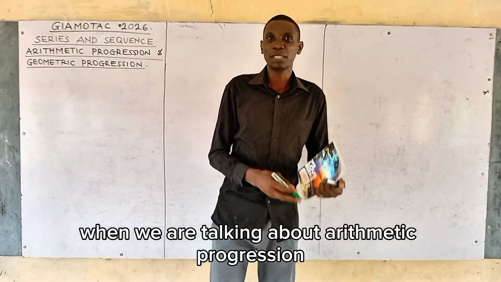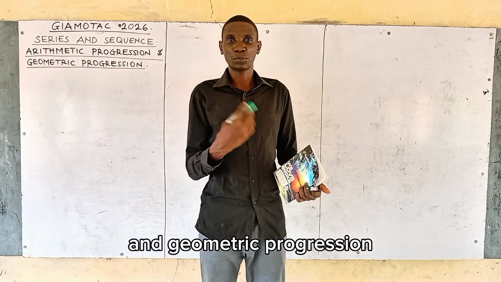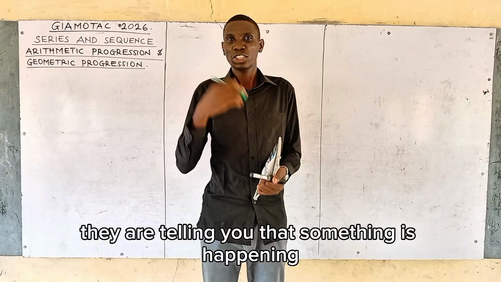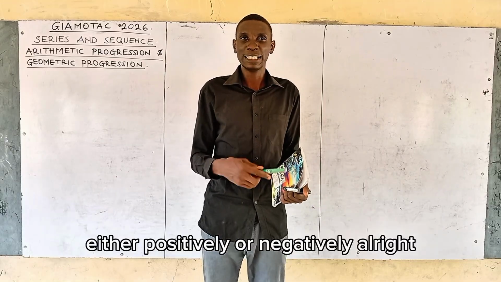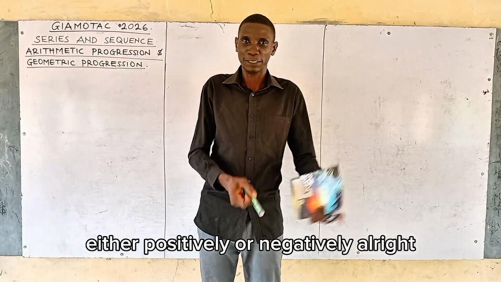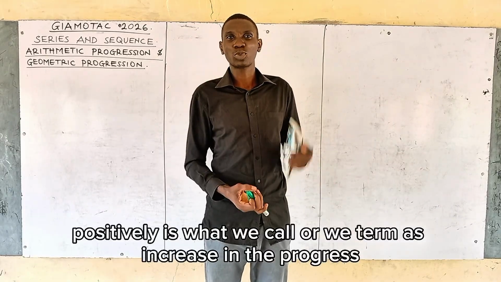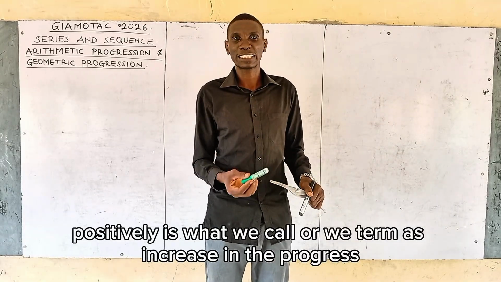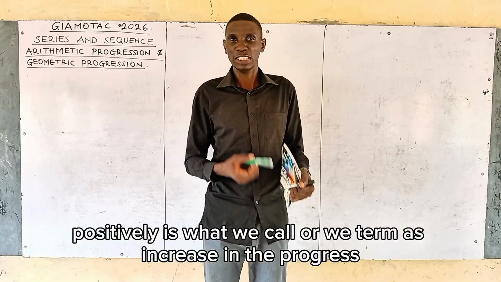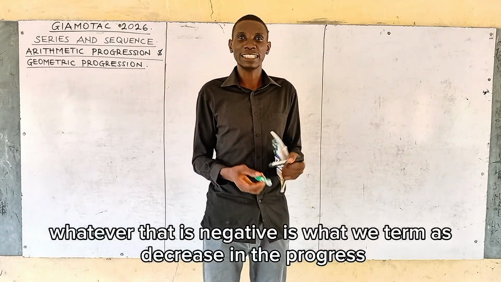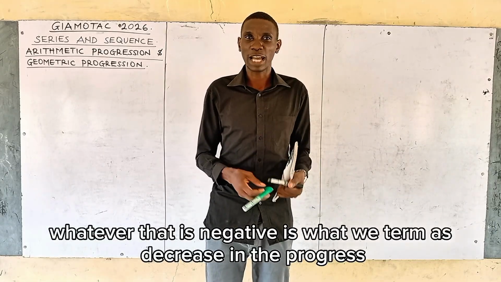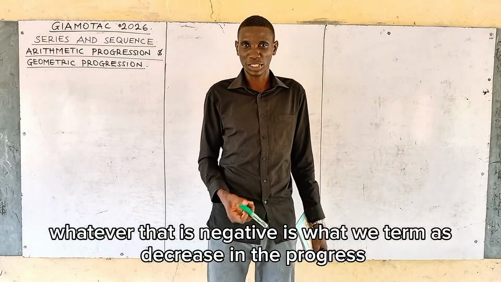When we are talking about arithmetic progression and geometric progression, they are telling you that something is happening either positively or negatively. Whatever is happening positively is what we term as an increase in the progress. Whatever is negative is what we term as a decrease in the progress.